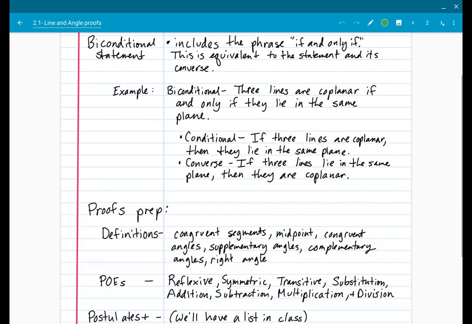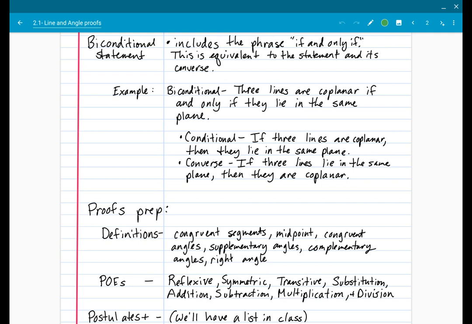We can combine these sorts of things into what's called a biconditional statement. These are statements that include the phrase if and only if. And we can break these up into a conditional statement and its converse. So it's interesting. Let's look at an example. 3 lines are coplanar if and only if they lie in the same plane.